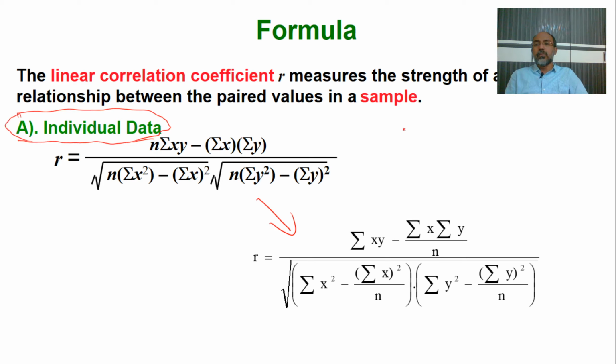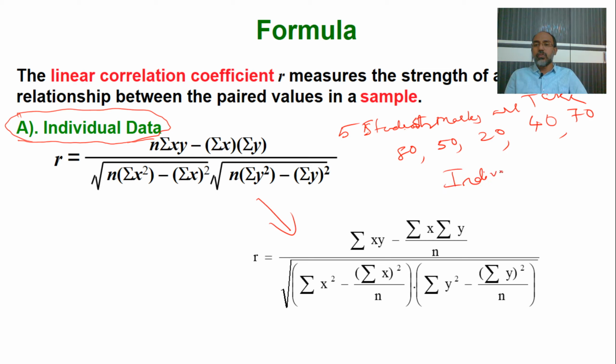That means 5 students' marks are taken, say 80, 50, 20, 40 and 70. These are the marks given for selected 5 students. So this is called individual data, right? Individual data.